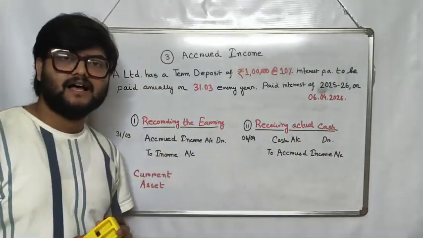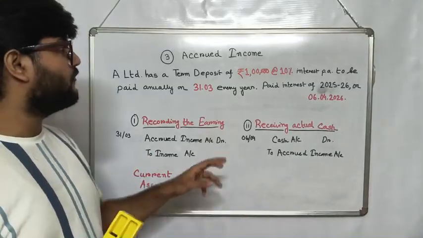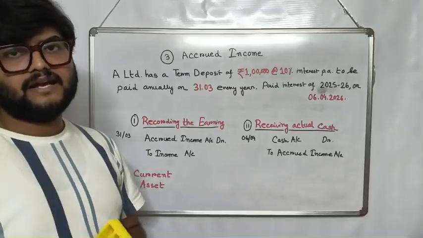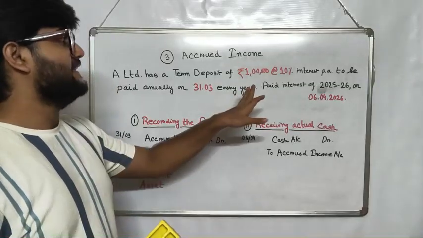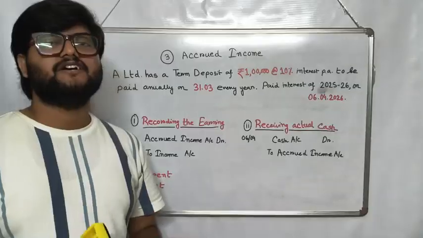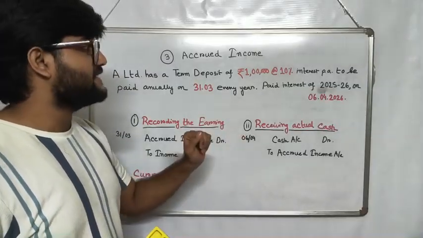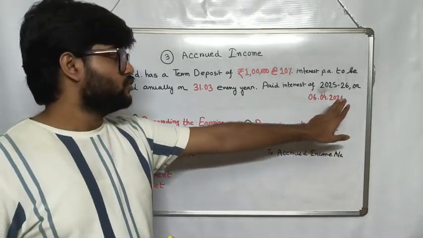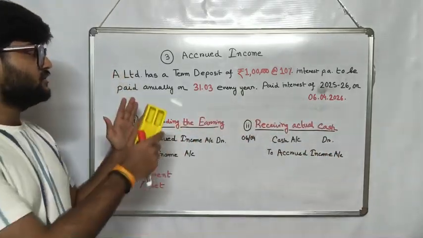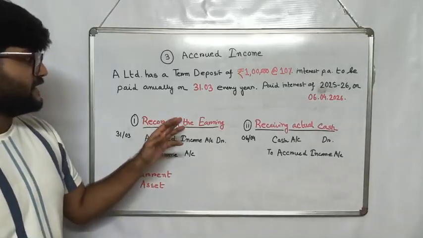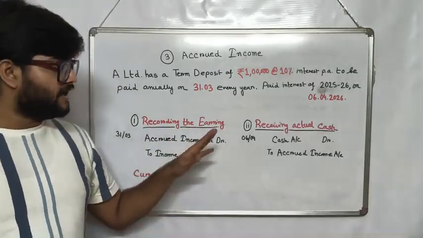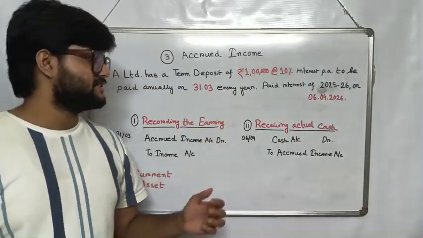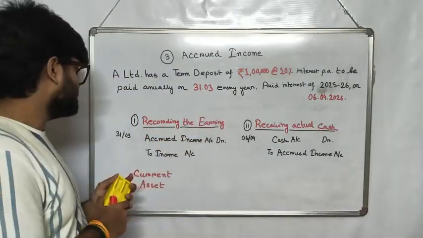So A Limited has a term deposit of rupees 1 lakh that gives 10% annual interest. But in this year, instead of 31st of March 2026, it paid interest on 6th of April 2026. So in this case, on 31st of March, the income is actually earned, but the actual cash income is not received by the business. So we will see the journal entries.